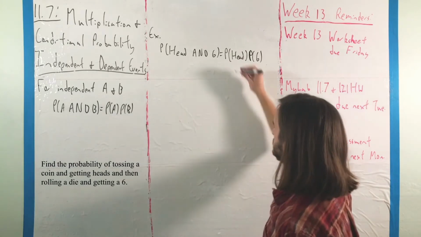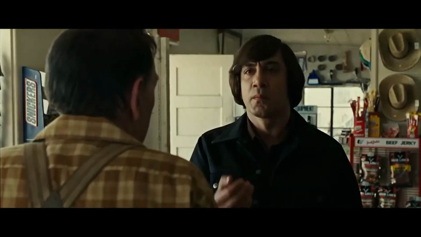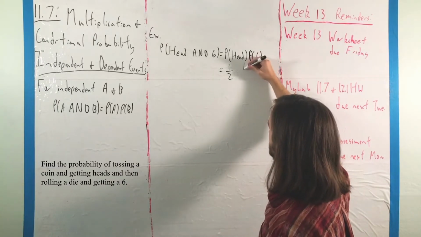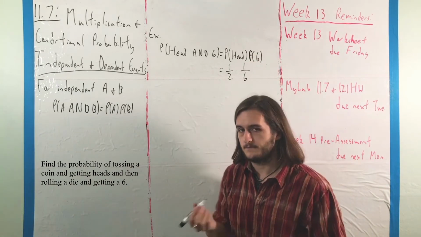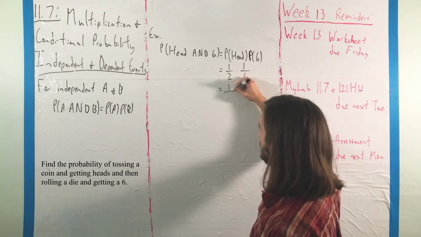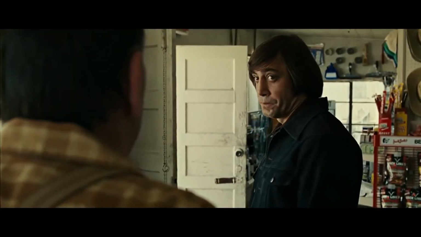So this would just be 1 out of 2 for the coin flip times 1 out of 6 for the dice roll. So in total, our probability would end up being 1 out of 12. Not too hard to get that one.